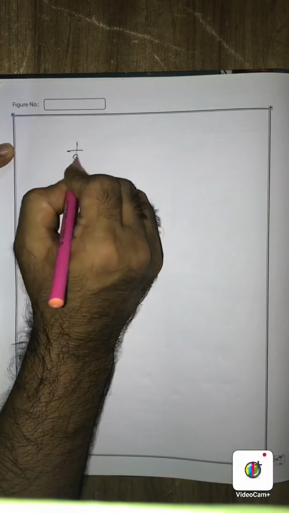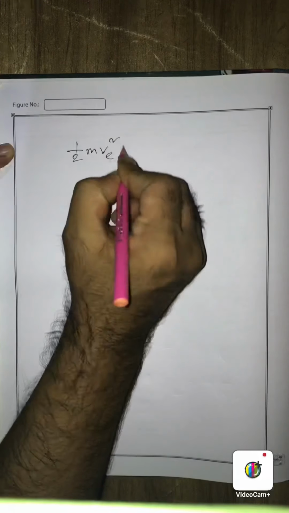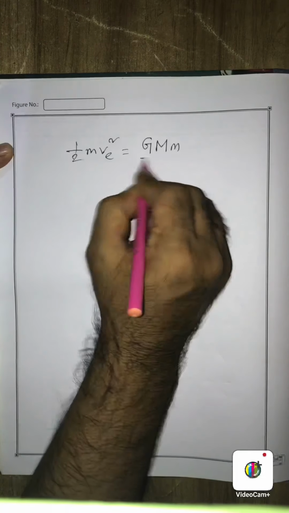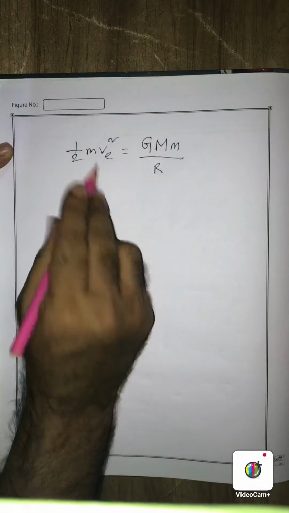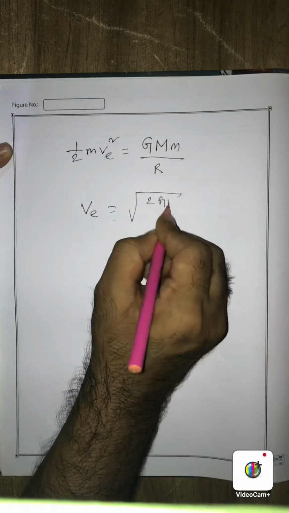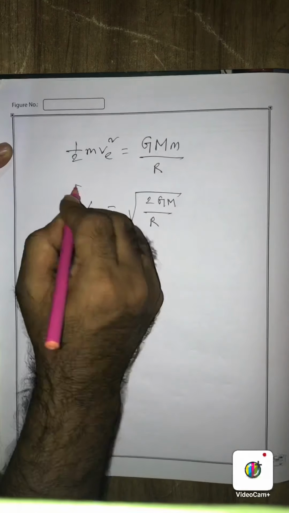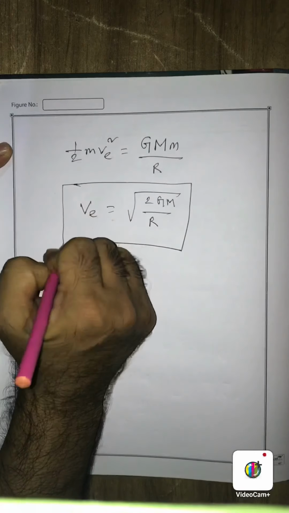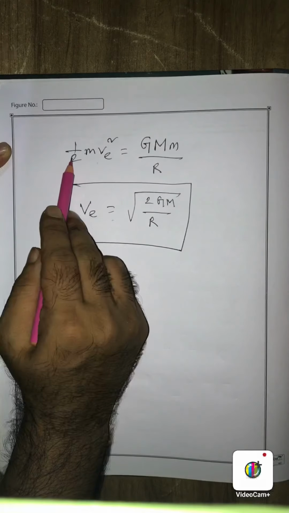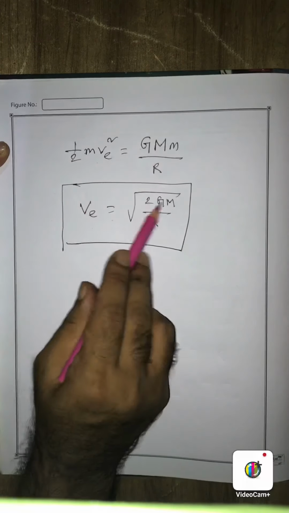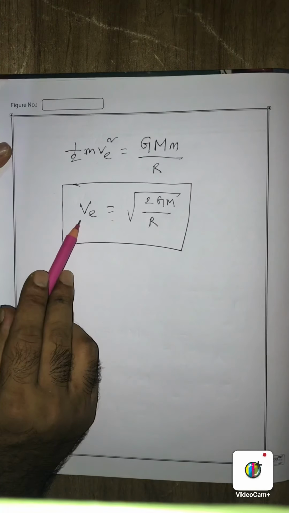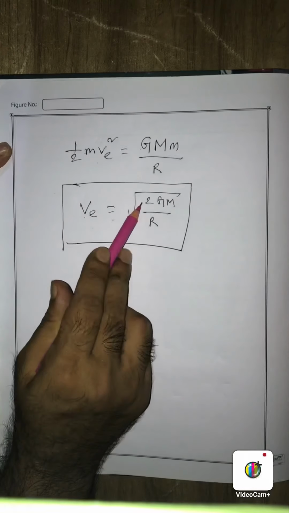So half m ve square is equal to G capital M small m divided by R. So the escape velocity ve equals root over 2GM divided by R. This is the formula of escape velocity. Here small m cancels from both sides, and 2 is multiplied by GM, so 2GM by R. Taking the square root on both sides, we get escape velocity ve equal to root over 2 capital G capital M divided by R.